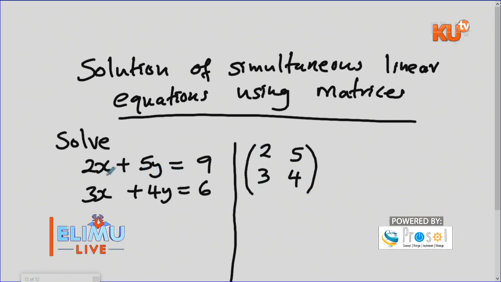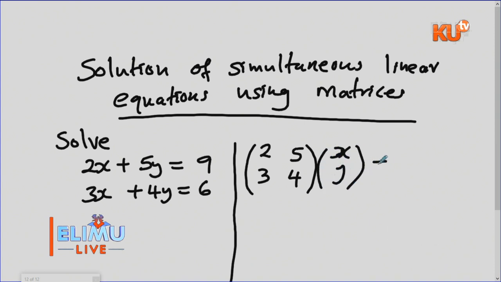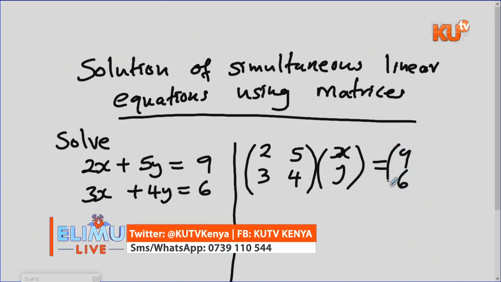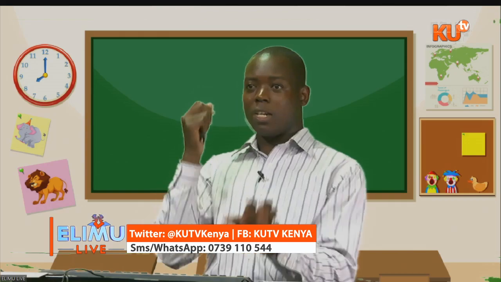This matrix is a component of x and y. So we have x and y. Then we equate this to the right-hand side, where we have 9 and 6. That is our matrix equation.